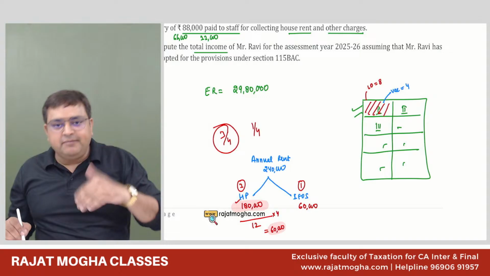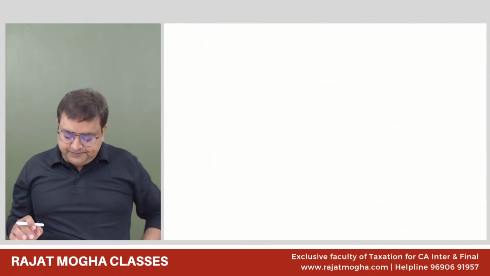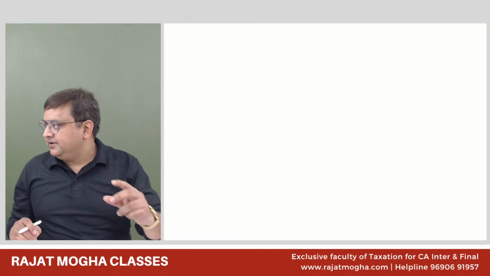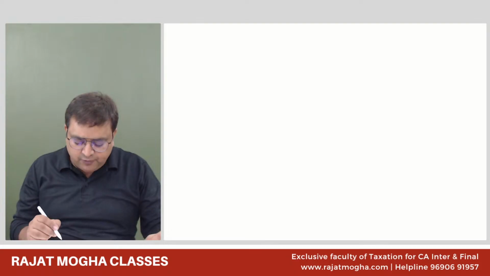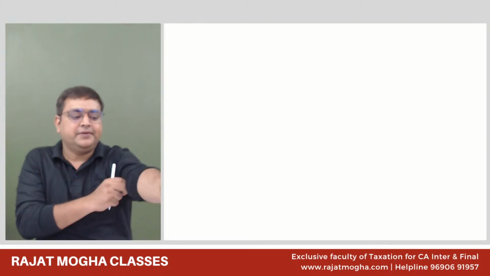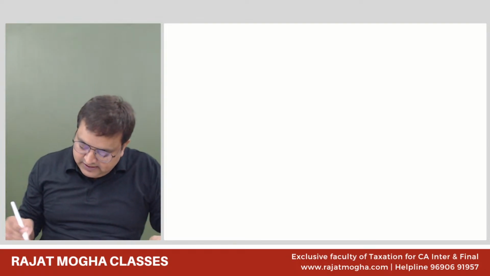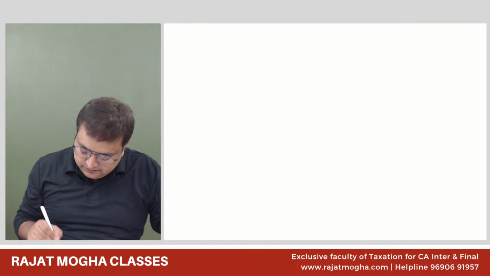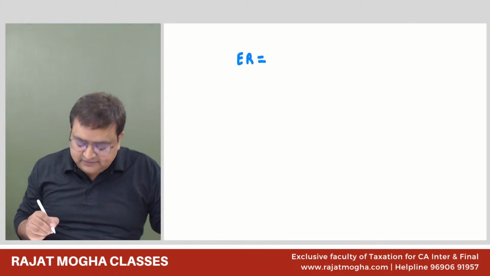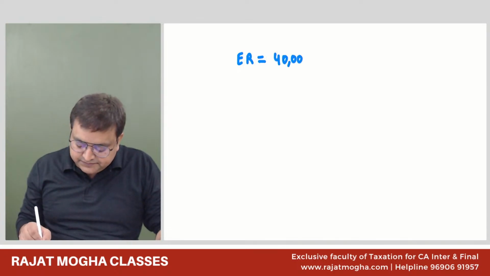But guys, we have other methods also. See, now please understand one concept. I would like to spend some time over here, 5-6 minutes. See, we know that expected rent is, for example, 40,000 per month.